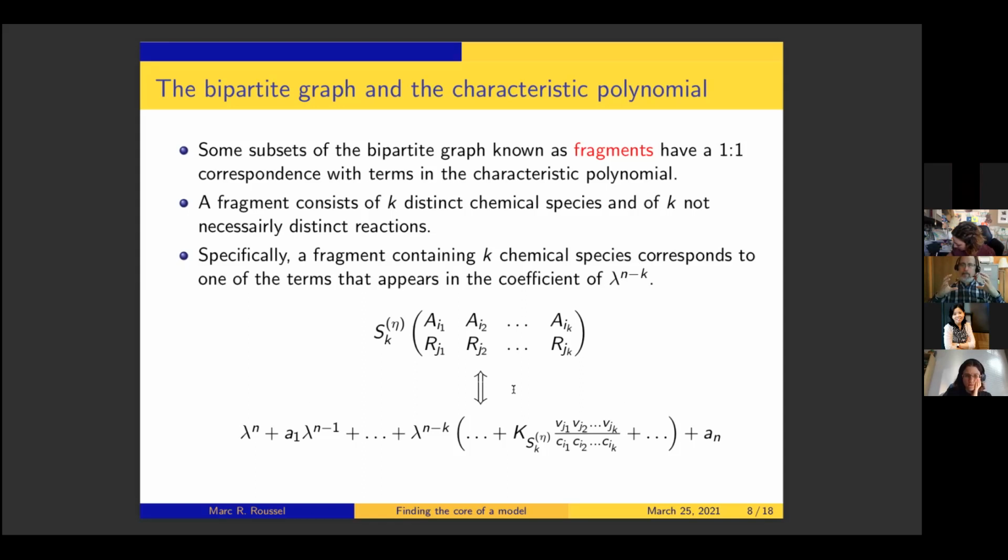For every fragment, there may be a term, I mean, that K coefficient can turn out to be 0, in which case the term just disappears. But at least in principle, for every fragment, there's a term in the characteristic polynomial that's part of the overall coefficient of lambda to the n minus k. Oh, and n, I should say, is the number of independent chemical species in your model.